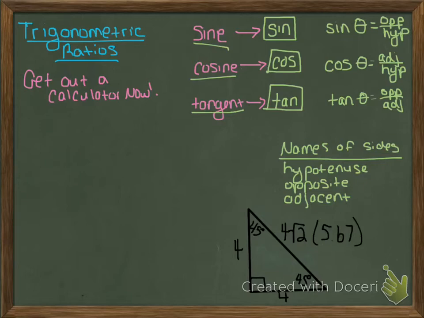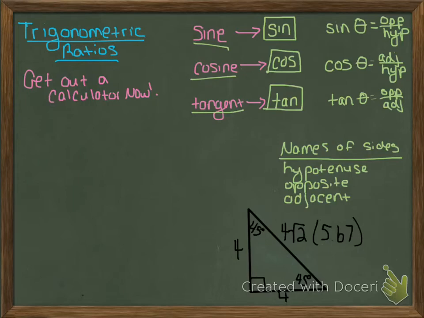What these buttons are is they have all of those ratios stored for all of the acute angle measures in a right triangle that could ever exist. So, that means that whether the two angle measures in the right triangle are 0.01 and 89.9, your calculator knows the ratios between the sides.